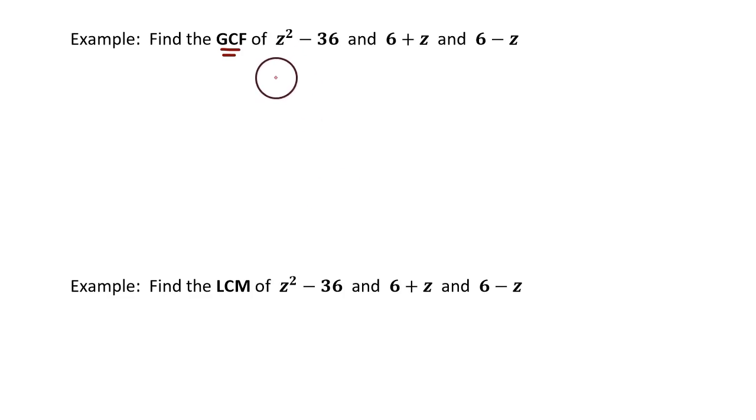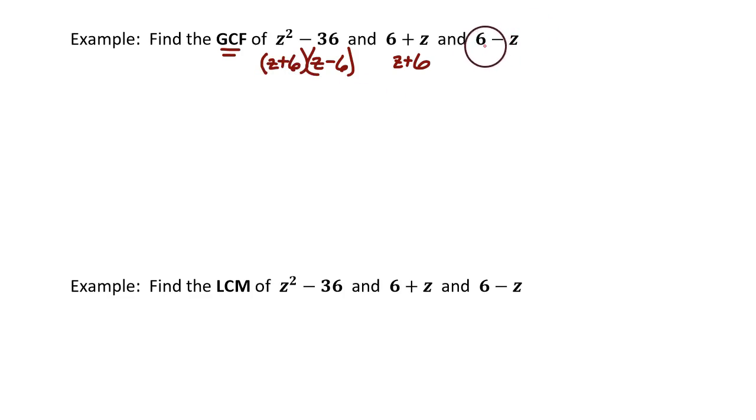The first thing to do is write them in factored form. This is a difference of squares, and it factors as z plus 6 times z minus 6. 6 plus z doesn't factor, but it might be worth using the commutative property to write it as z plus 6, because that helps us recognize that that's common to the z plus 6 in the first polynomial.